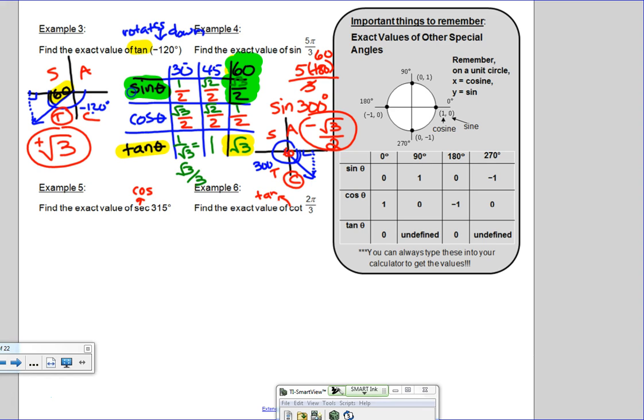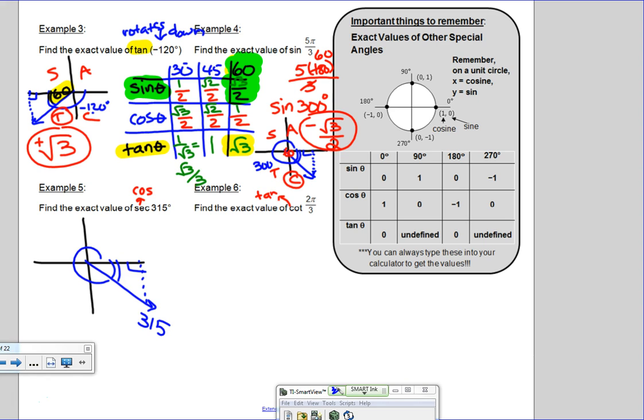I'm going to draw my angle, 315. So that's 315. Draw my triangle up. I really need that piece.